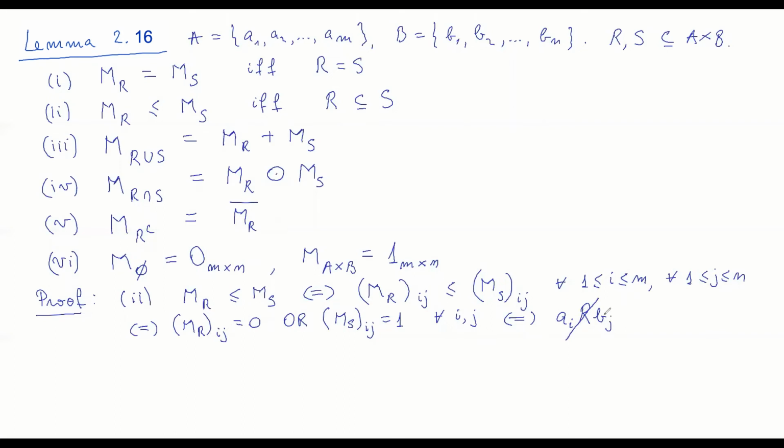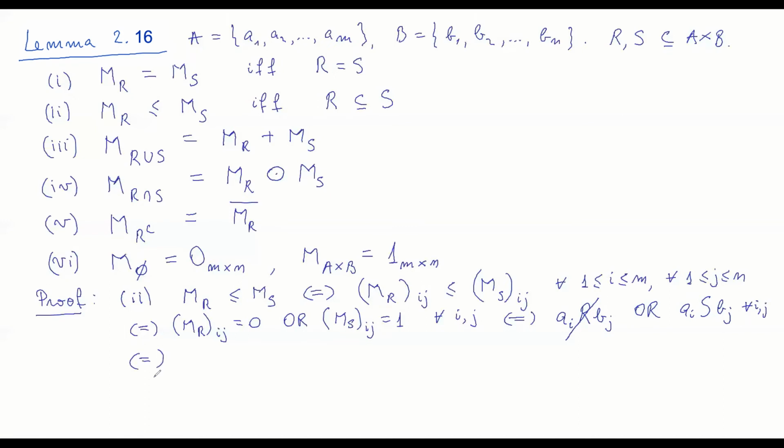So Ai and Bj are not, because I have 0, in relation R. Or, obviously, Ai and Bj are in relation S. And this is true for all i and j.